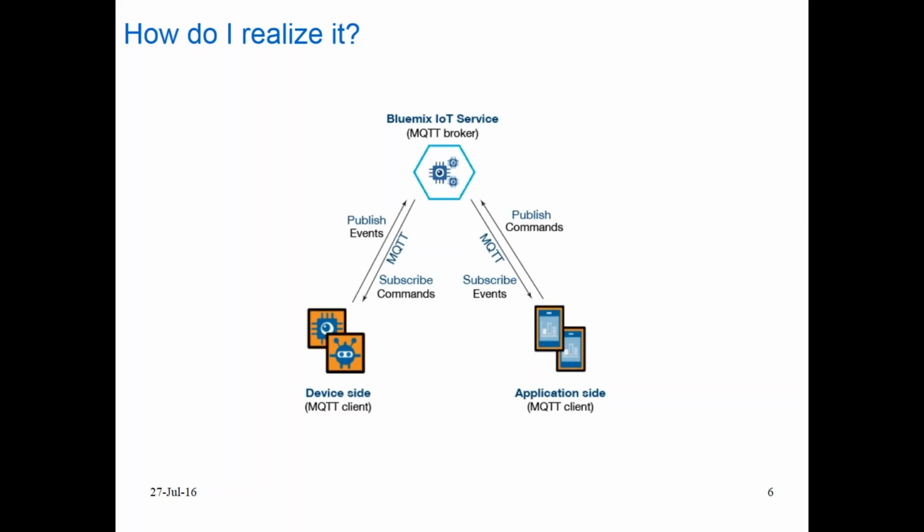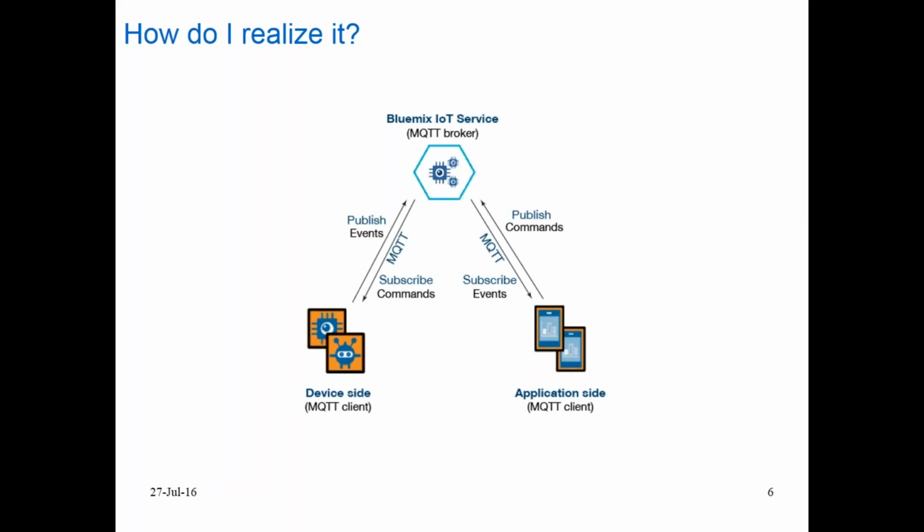MQTT has two modes of communication, that is, publish and subscribe. Let's go ahead to the next slide about it. To realize any IoT solution, what we require is the central platform, that is, the MQTT broker. To relate it with conventional web architecture, this is like a server, but the difference is that it can just transfer the message from one end to the other.